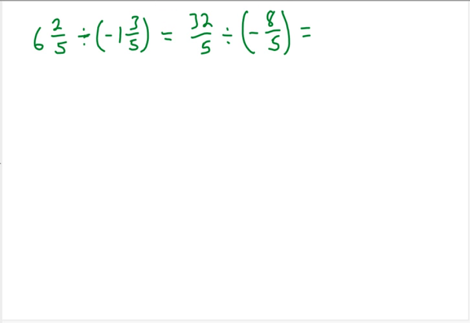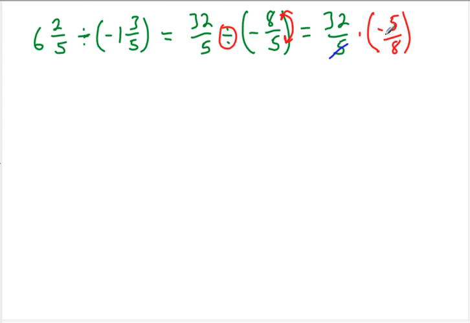All right, now we can do our switching. We're going to switch this, and we're going to switch these. So we end up with 32/5 times -5/8. Now we want to do our reduction here.